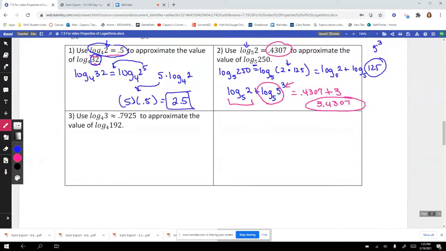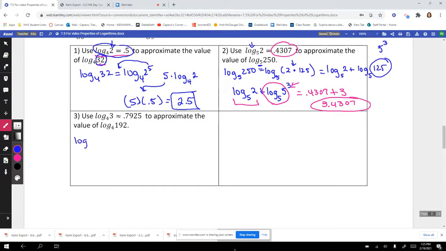Okay, let's look at another one. Same sort of thing. I have log base 4 of 192. From here, what am I going to do? With 192 and 3, how can I get them together? Well, 192 isn't a multiple of 3, but if I divide it by 3, I can see that I get 3 times 64.